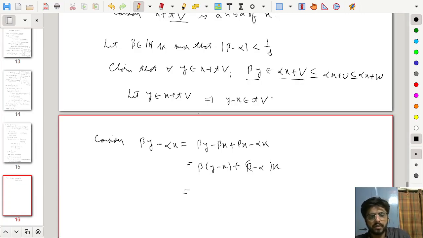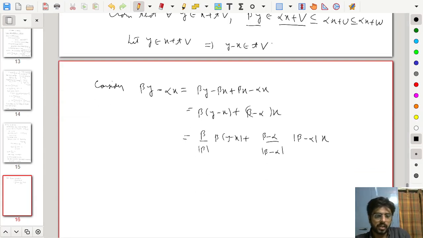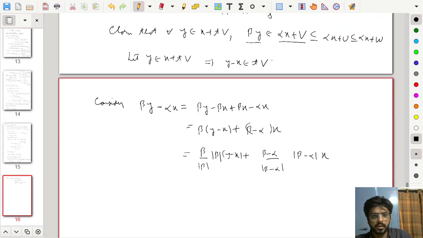Now I multiply and divide by mod beta, so we get beta by mod beta times mod beta times y minus x plus beta minus alpha by mod beta minus alpha times mod beta minus alpha times x, right? So I have multiplied and divided by mod beta and by mod beta minus alpha, right?